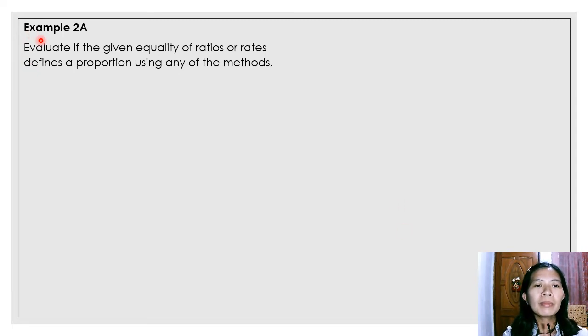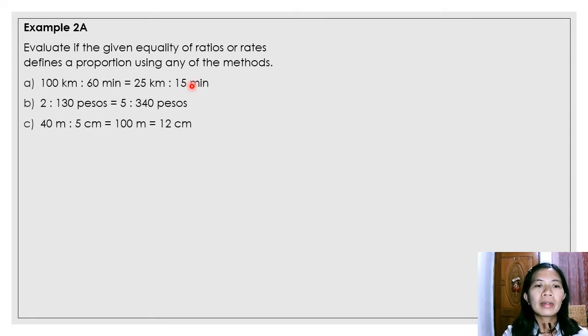Okay, example 2a. Evaluate if the given equality of ratios or rates define a proportion using any of the methods. Among the four methods that were presented, we will choose one. We have three examples here that we're going to find out whether they are equal proportion or not.